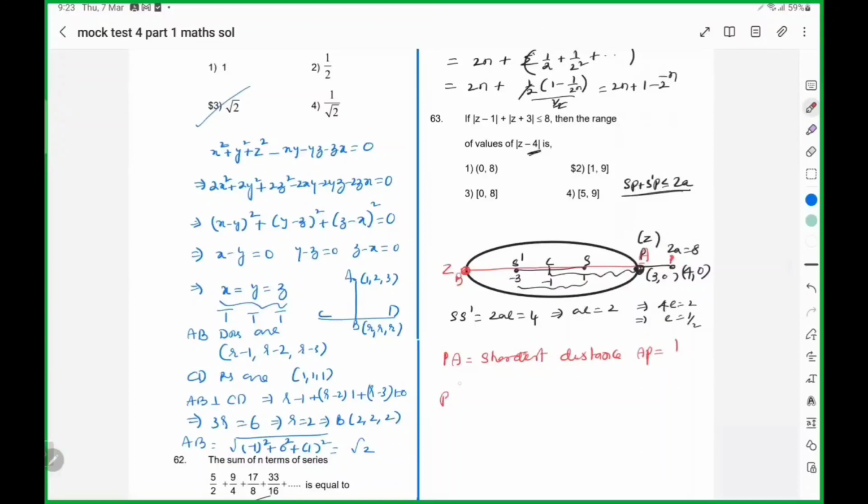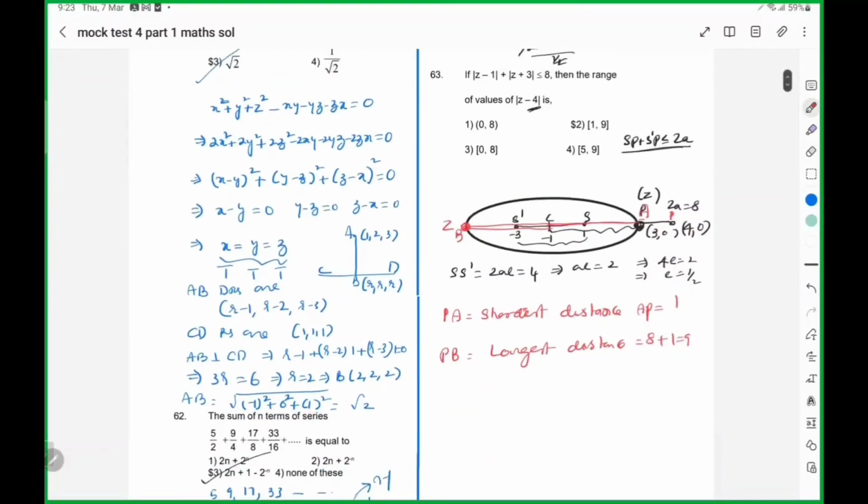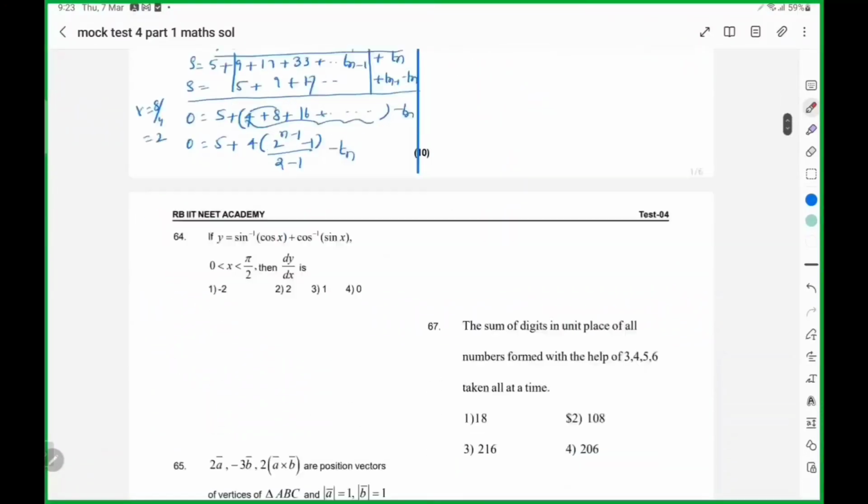Here PB is the largest distance, which is 4, and it is also 4, total 8 plus 1, 9. Range means least and greatest, so Z minus 4 lies between 1 and 9. So the second option is correct.